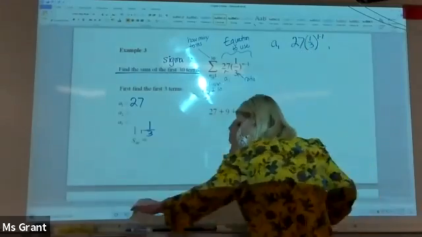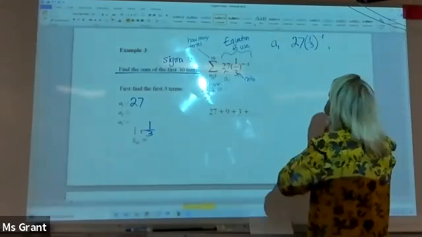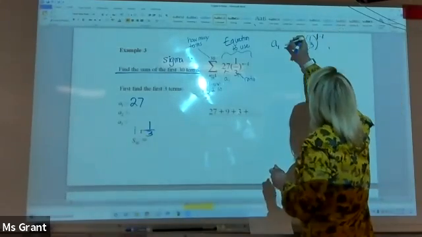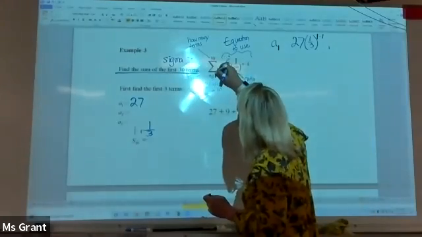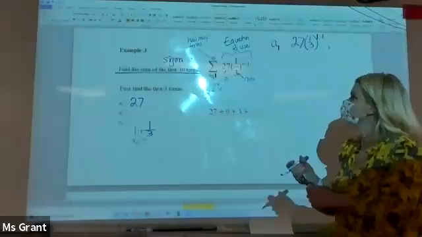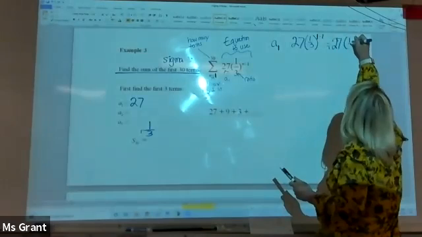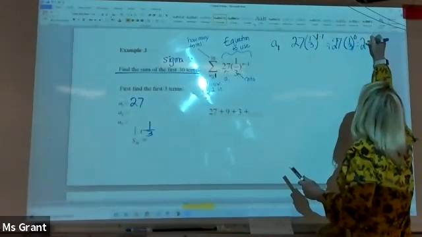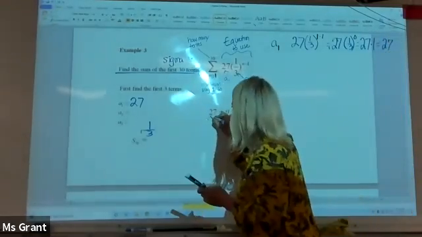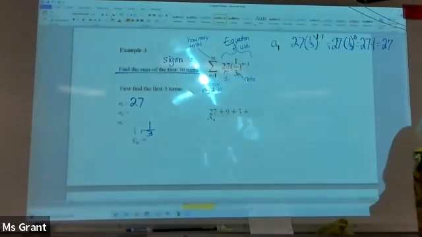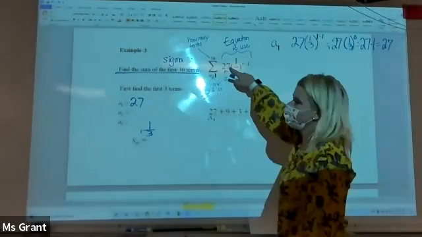This 1, this N, came from here, right? 27 times 1/3 to the 0 power. 27 times 1. My first term is 27. A sub 1, 27. But I knew that from my formula.